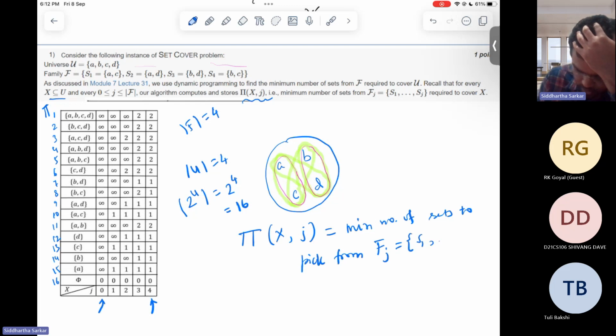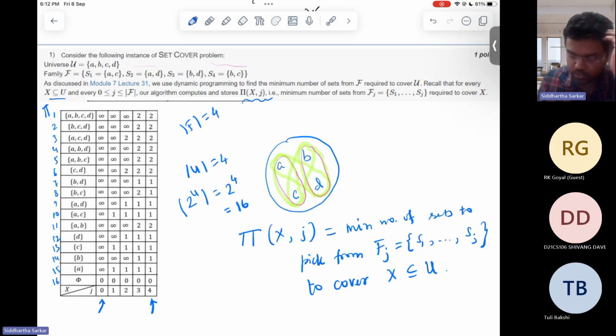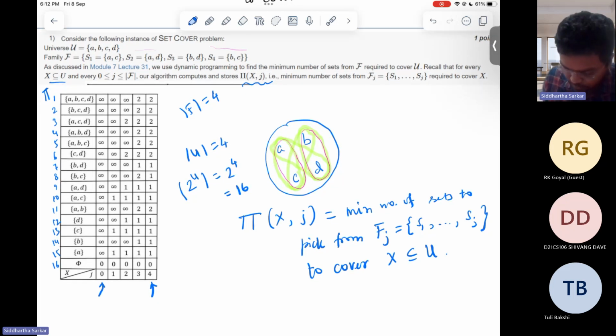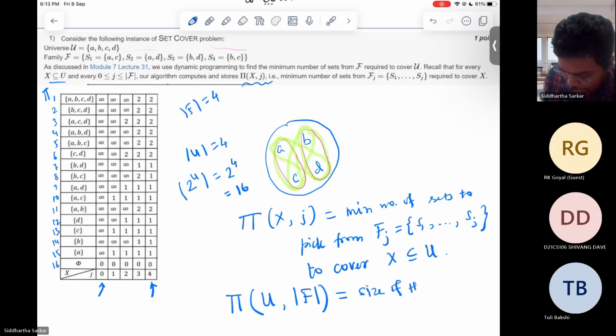Fj is nothing but the first j families in the set F, and you want to cover only partially, so cover X, which is a subset of the universe. As you can see, for the entire universe, the minimum set cover will be given by the corresponding entry. This is the size of the minimum set cover for the universe for this instance.